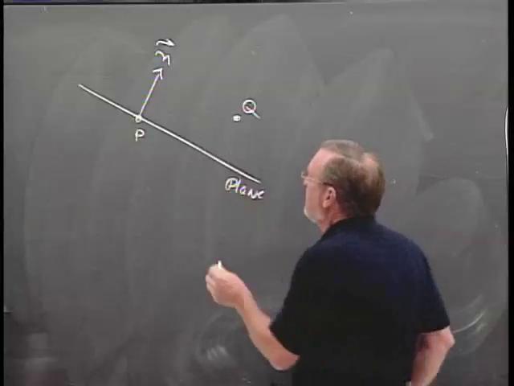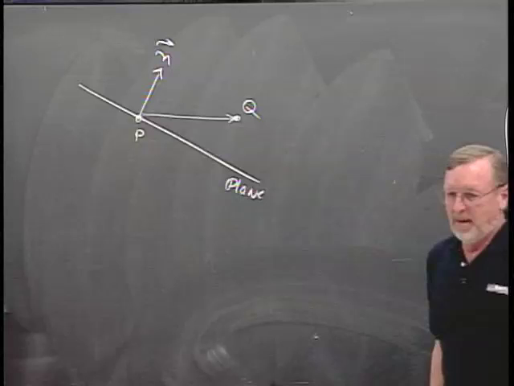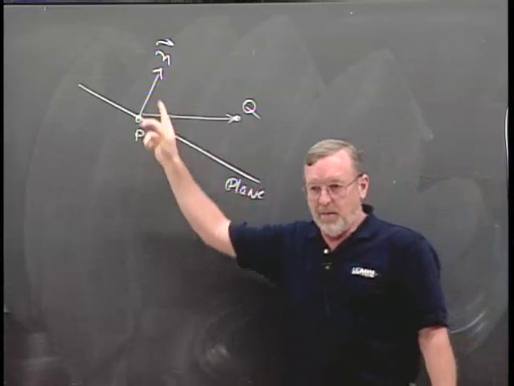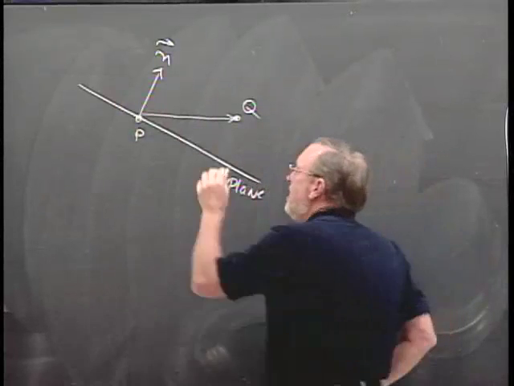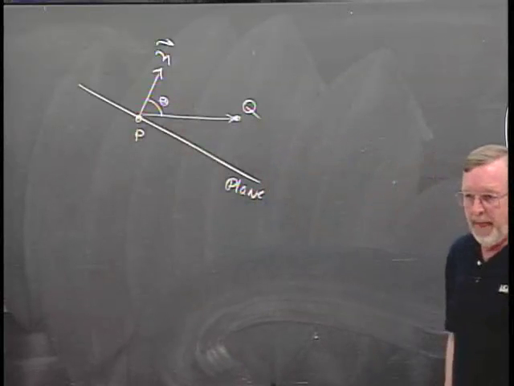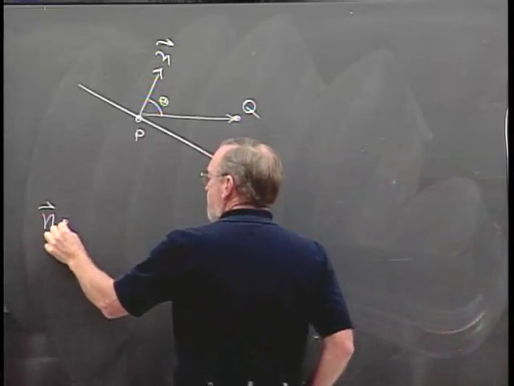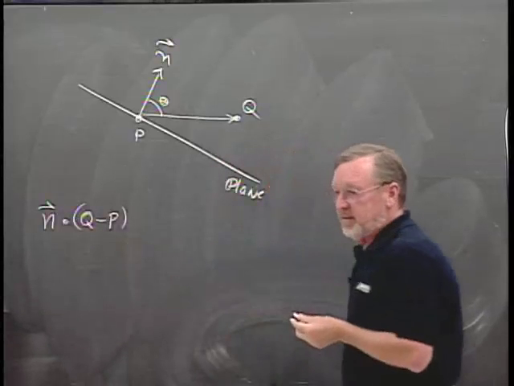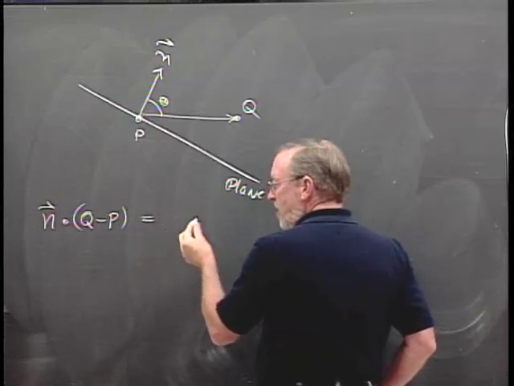Well, if I take the vector between P and Q, now if Q were in the plane, this vector would be perpendicular to n. It's not anymore. But if I look at this angle here, call that theta, and I take n dotted with Q minus P, you can write this in many ways.